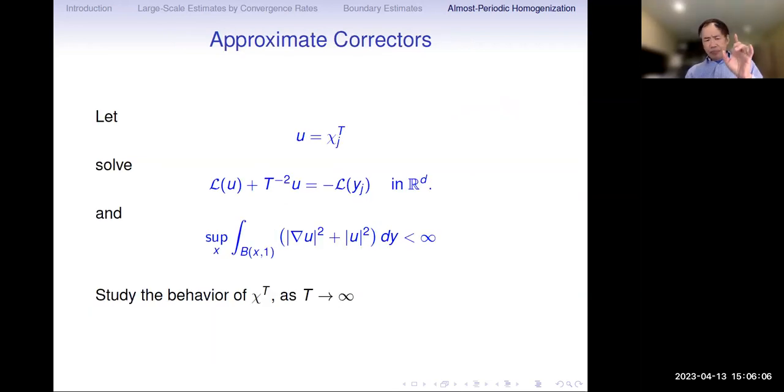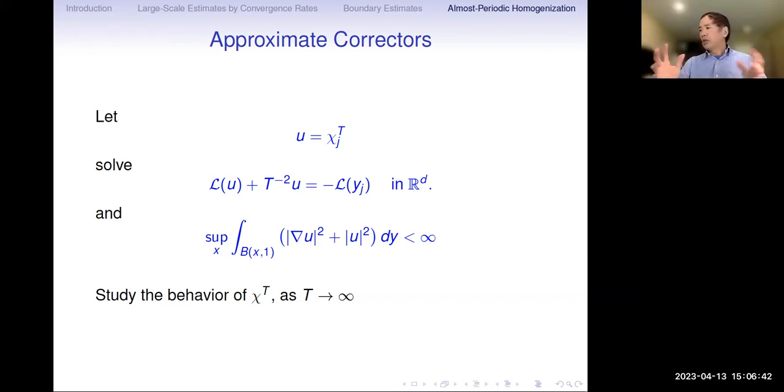The problem when you go beyond periodic coefficients is that you do not have a corrector given to you. In the periodic case, the corrector was obtained by solving an elliptic equation on a cell, on a torus, let's say, and that cell or torus is just the period of the coefficient.